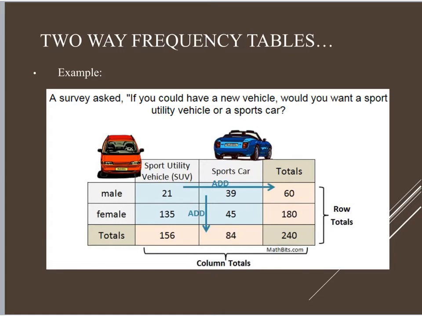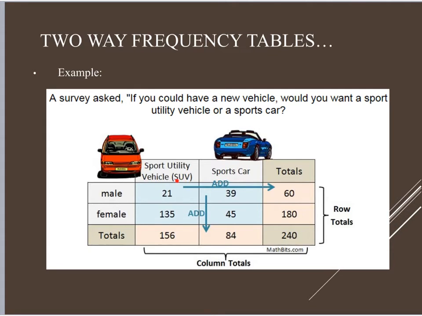So if I read this table, for my sport utility vehicles, I can see that there were a total of 156 people that wanted an SUV, and the breakdown of those for male and female is 21 males wanted an SUV and 135 females wanted this. Likewise, with the sports car, we have 39 males that wanted the sports car and only 45 females that wanted that.